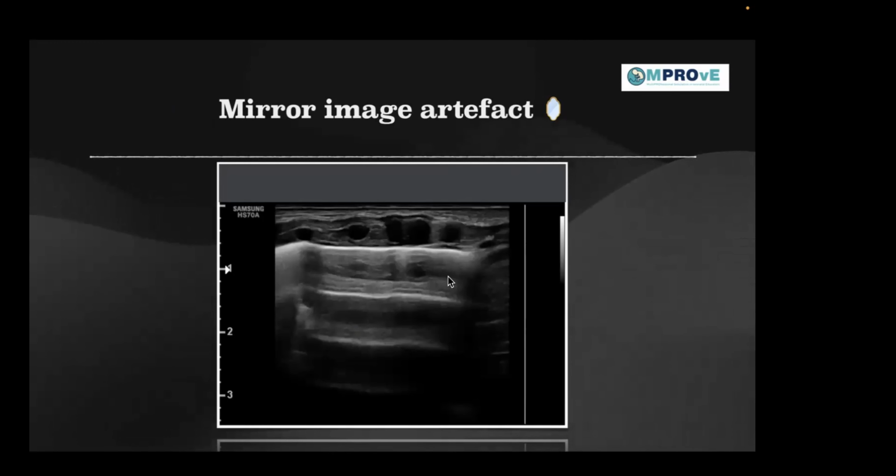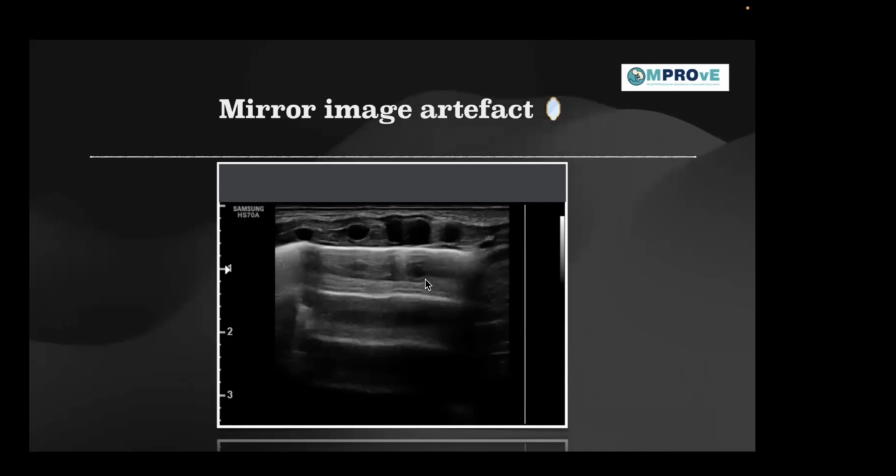So these are the mirror image artifacts. What does it tell you? For reverberation, you need air to reverberate, basically. So there is air, which is not letting the ultrasound wave pass through. It is bouncing back and forth, and it is giving you a mirror image. Whatever is on the other side of the pleura, it's showing the same thing beyond the pleural line as well. So that's what the mirror image is.